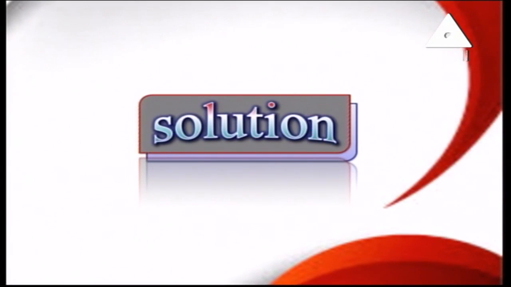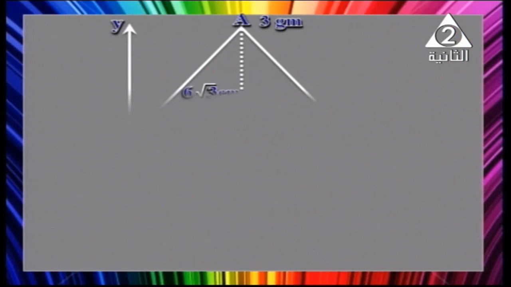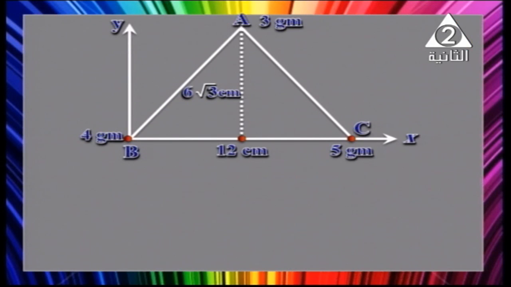My dear student, we have A, B, C and 3 masses: 3 gram at A, 4 gram at B, 5 gram at C. Remember, my dear student, if ABC is equilateral with side length 12 centimeter, then the height equals 6 root 3.